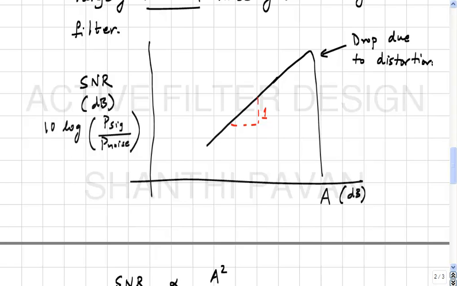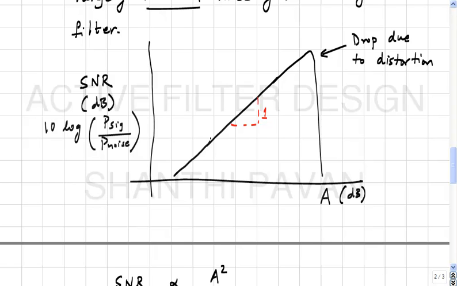Now, as the input signal becomes very, very small, what do you think will happen to the SNR? This will go on going down to minus infinity, right?